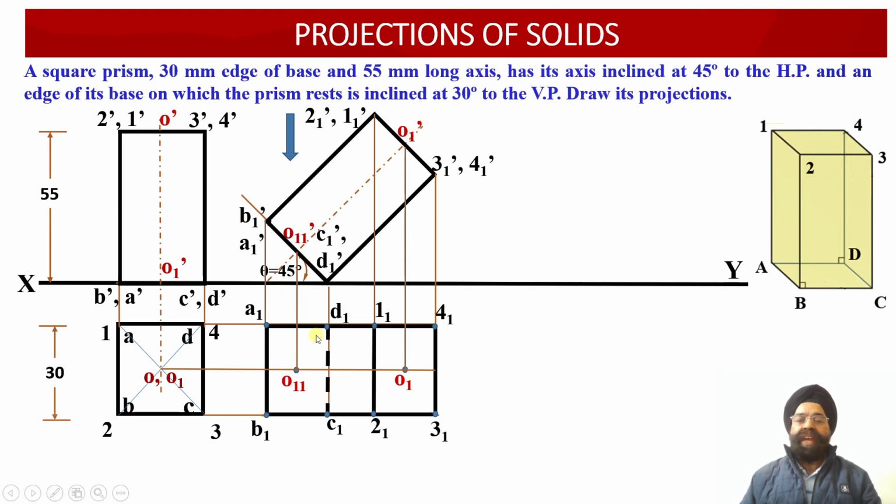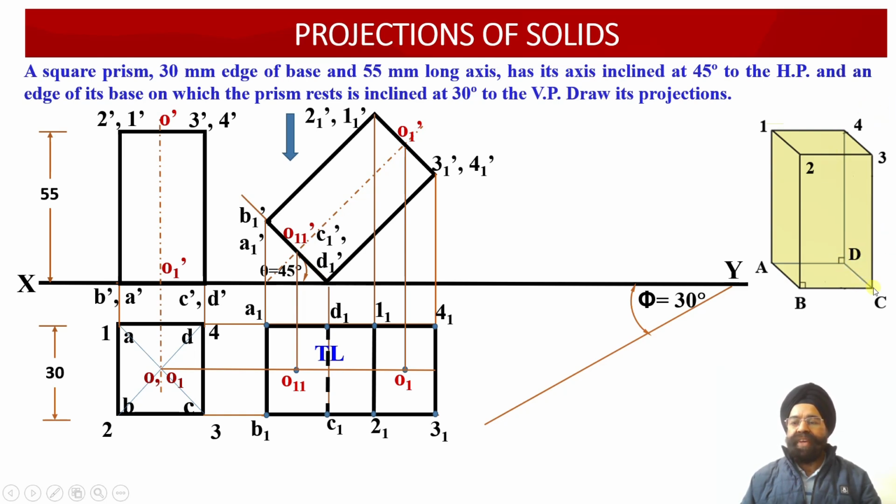Now, once we have obtained the top view projections as well as the front view projections of this inclined square prism, we observe that the edge onto which the prism is resting happens to be C1', D1' in the front view and C1, D1 in the top view projection over here. We have tilted the prism in this orientation.